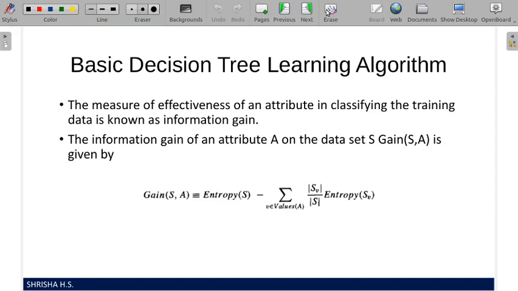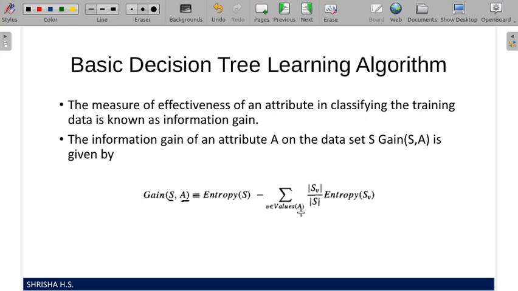Next, we saw how entropy works: we take the classification in the instances and get the entropy. After calculating the entropy, we will calculate information gain. Information gain means the gain for the set of instances for the given attribute and attribute value. Entropy of S we have calculated, minus the values of that attribute.